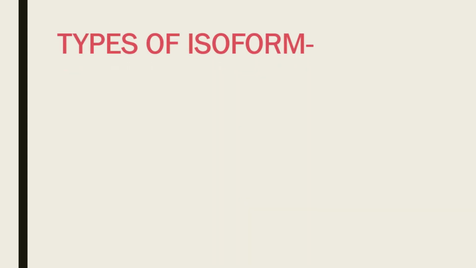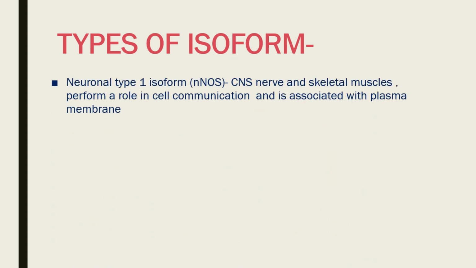Now we will see the types of isoforms. Isoforms are basically the types of nitric oxide synthase present in different cell types. First is the neuronal type 1 isoform, nNOS. It is present in the CNS nerves and skeletal muscles, and plays a role in cell communication, as it is neuronal and associated with the plasma membrane.